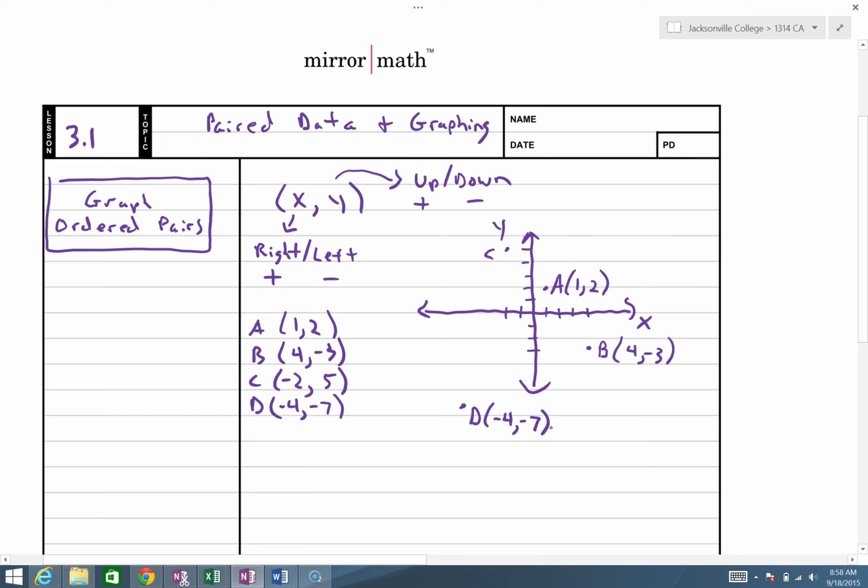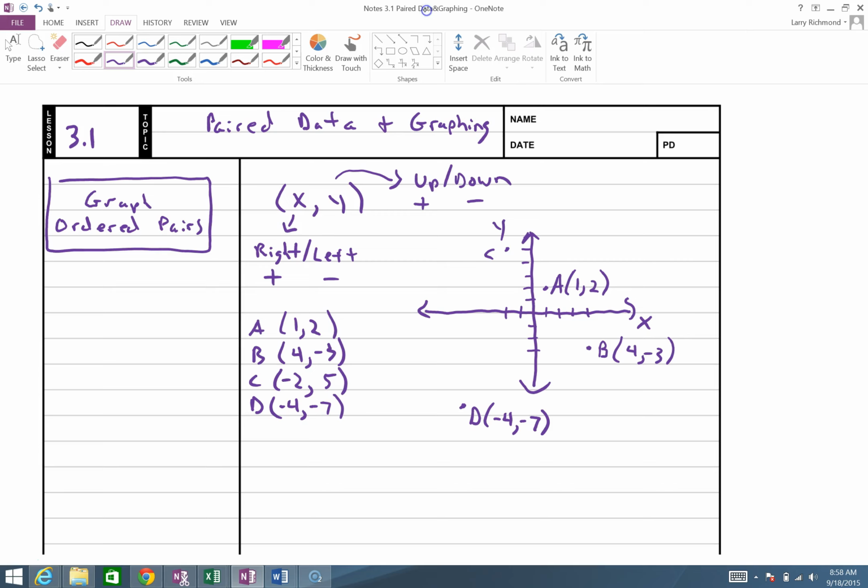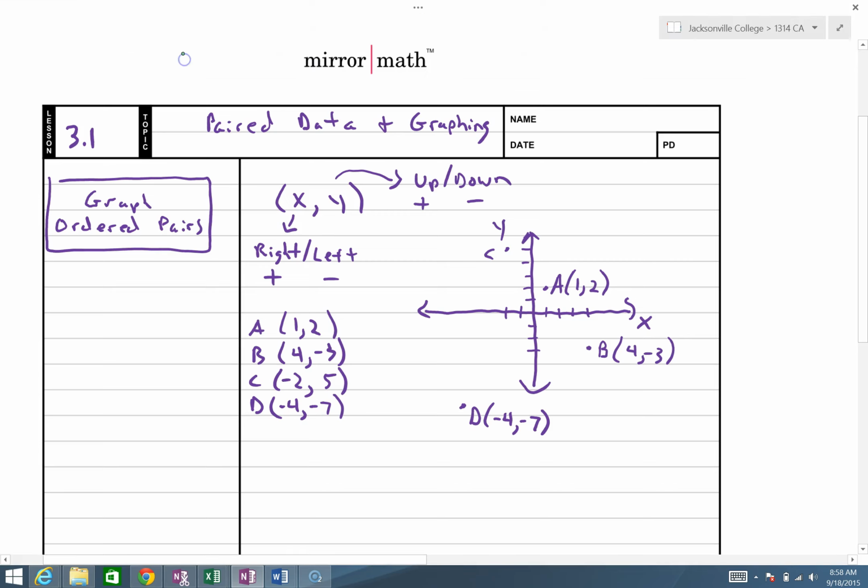So X is a right or left movement, Y is an up or down movement. We also refer to these fourths of the coordinate grid as quadrants. We will call this one where we have positive, positive, the first quadrant.